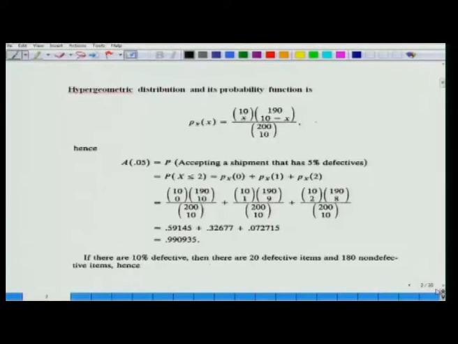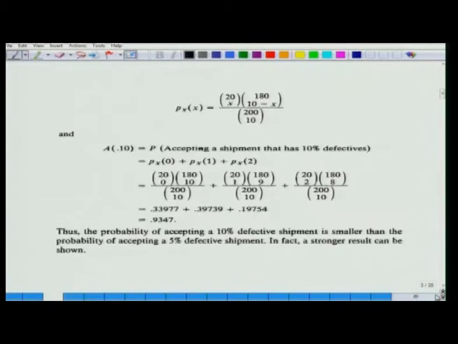Now, if there are 10% defective, then there are 20 defective in the whole lot and 180 non-defective. So, in that case, the hypergeometric probability of x defective in your sample of size 10 would be 20 choose x, 180 choose 10 minus x, because you are taking a sample of size 10, and divided by 200 choose 10.